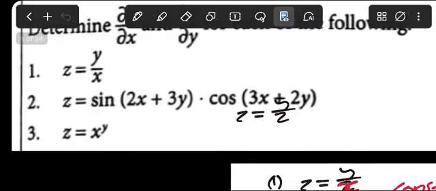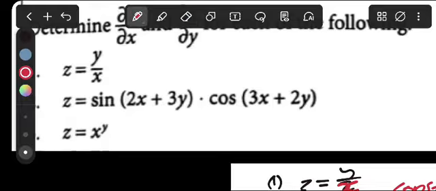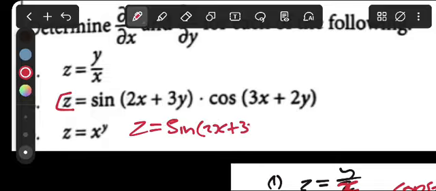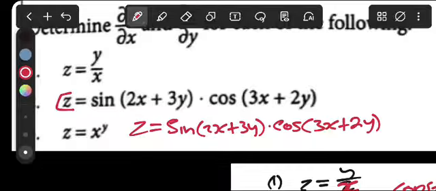So here we have number 2. All right, we are given z equals sine of 2x plus 3y multiplied by cos of 3x plus 2y, like this.